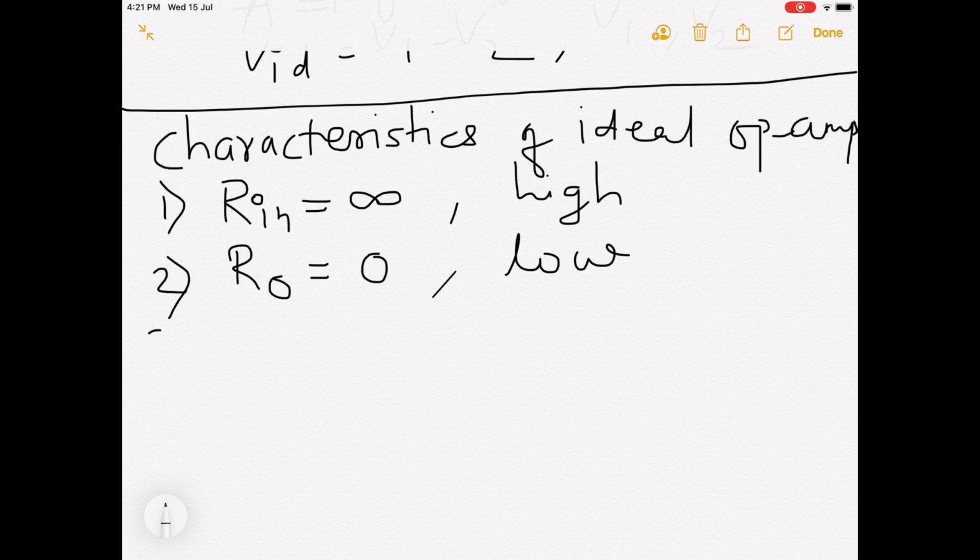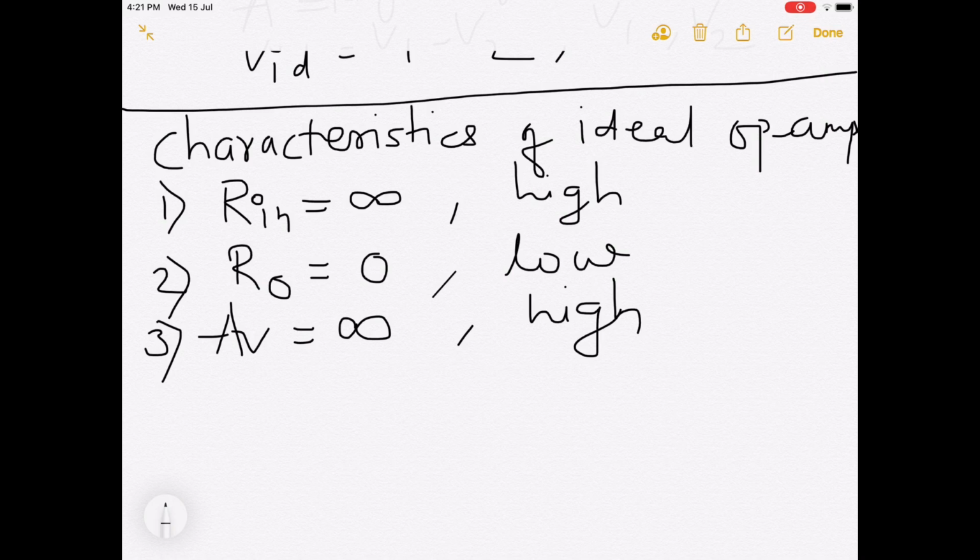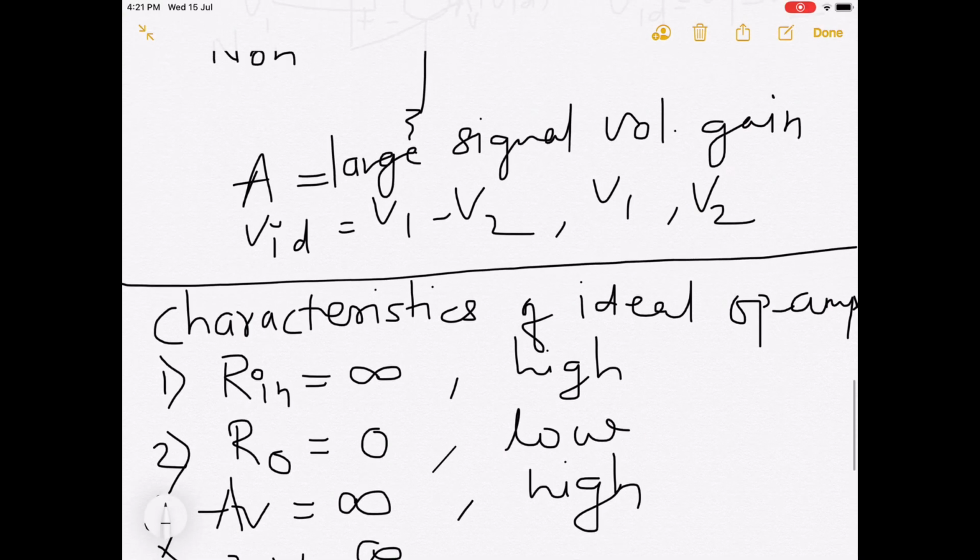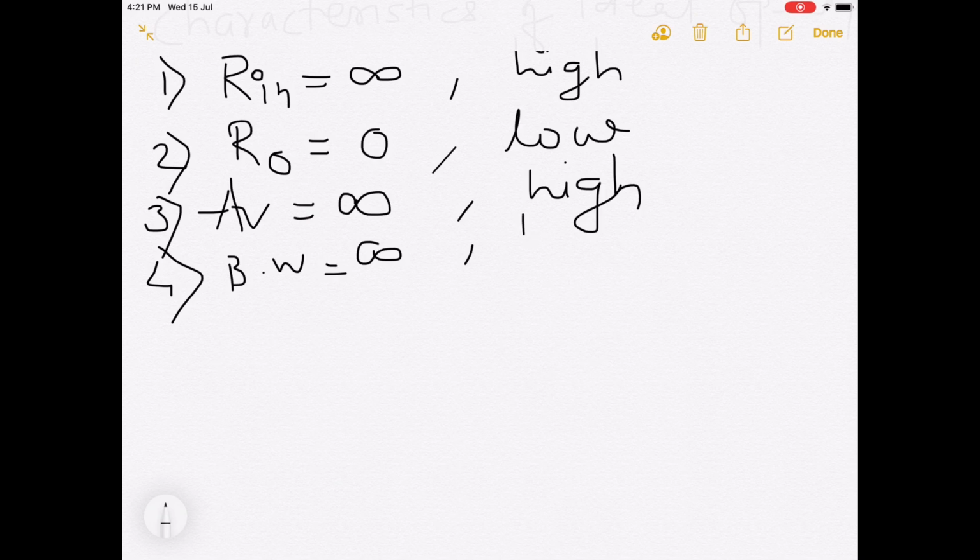The third parameter is voltage gain AV, which must ideally be infinite; practically it should be high, because it is a high gain amplifier. Then bandwidth must ideally be infinite; practically it should be high.